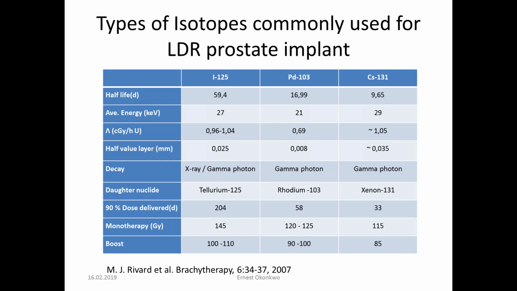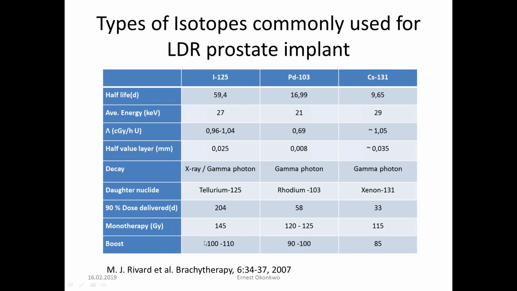Iodine 125 has an average energy of 27 kiloelectron volts, which is suitable for prostate therapy for us, with a half-life of 59.4 days.